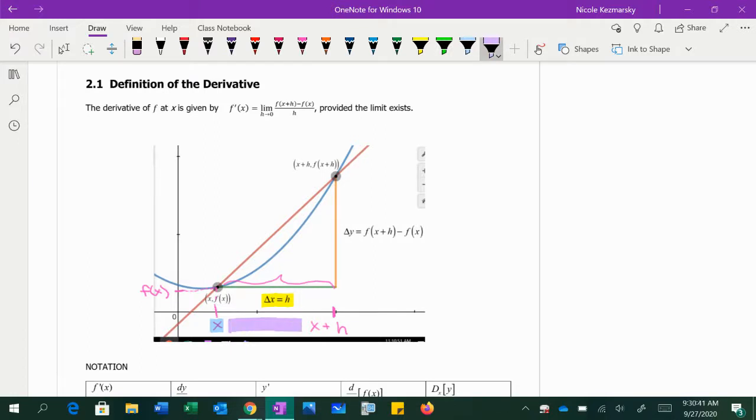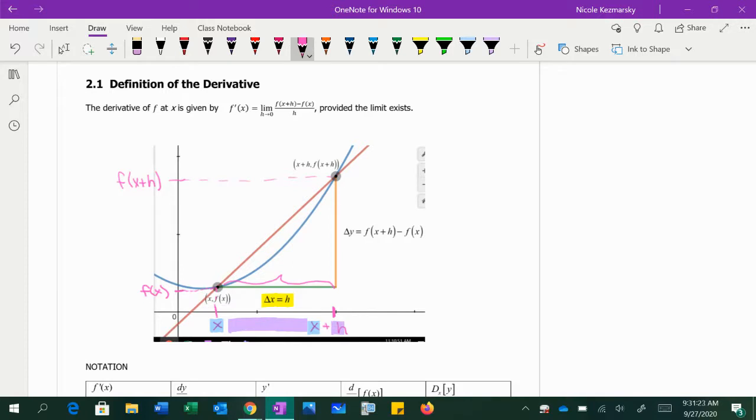So right here, we have the same x plus that distance h. Imagine that we're doing like 2 plus 7. Okay, so we started at 2, we added 7, now we're at 9. And that point that's now at 9, or at x plus h, because we're keeping this generic, has a y value of f of x plus h.